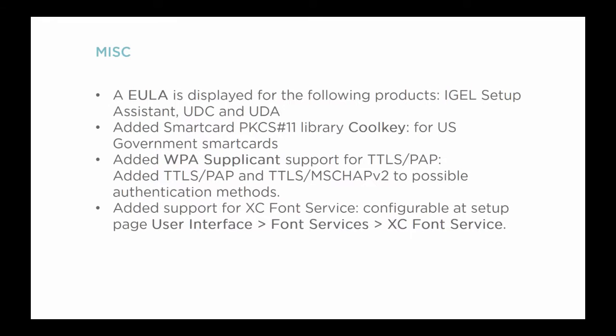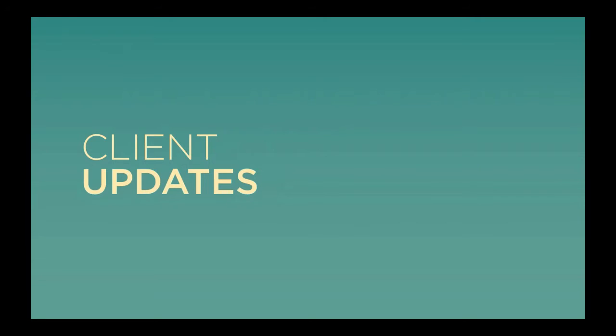The WPA supplicant, the thing that authenticates you against the wireless network, has learned a new method, the TTLS PAP and TTLS MS CHAP v2. And the XC font server is back, because apparently there are people who like it. So far for some software updates.